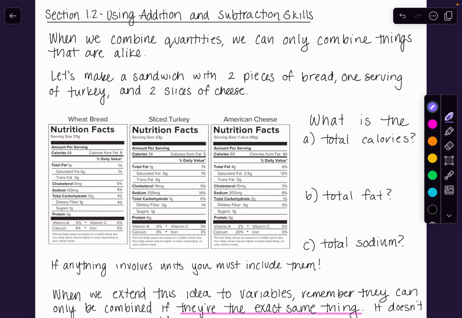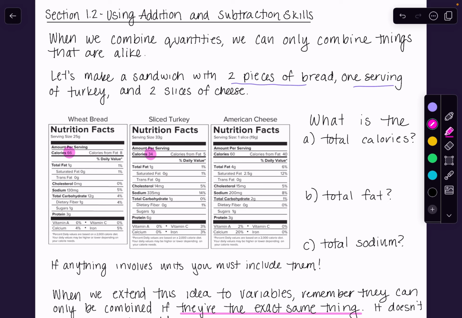So we're going to start by making a sandwich that's going to consist of 2 pieces of bread, 1 serving of turkey, and 2 slices of cheese. And so we've got all the different nutritional labels here, and what I want to do is figure out a couple different things. The first being, what is the total number of calories for this sandwich? So if we look at our nutritional label, for the bread, each serving is going to be 66 calories.